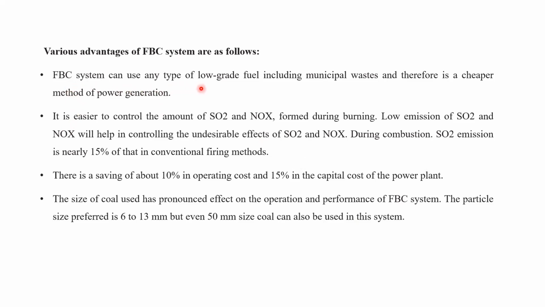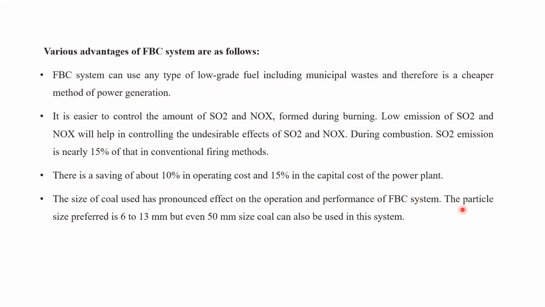FBC system can use any type of low grade fuel, including municipal waste. NOx formation during burning is reduced, and around 15% of the sulfur content, the SO2 component, is reduced. There is a saving of about 10% of operating cost and 15% in the capital cost of the power plant. The size of the coal has a pronounced effect on the operation and performance of the FBC system.